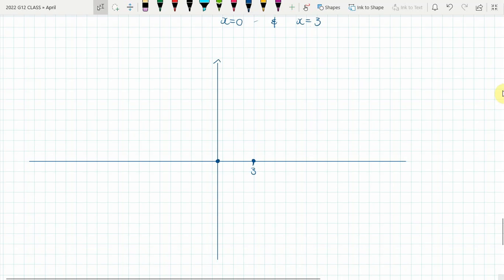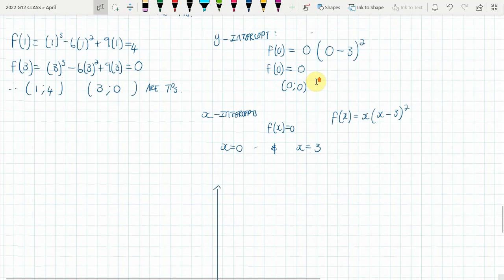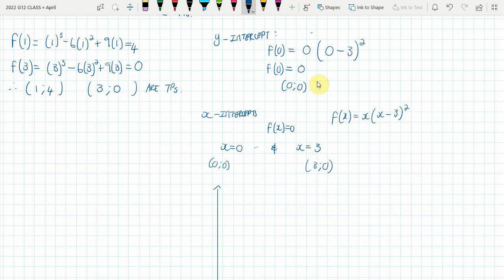Now, the origin is both the x-intercept and the y-intercept. Other key points are 1 and 4 and 3 and 0.